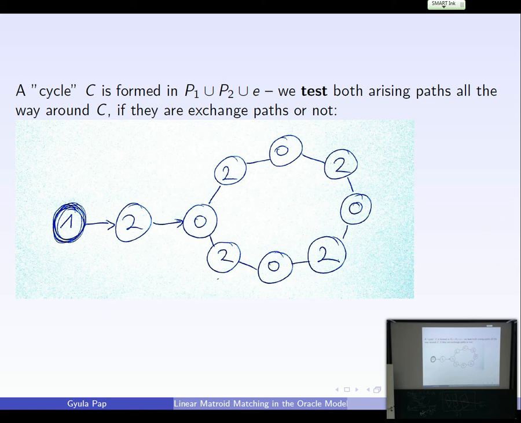The definition of a blossom is that if we go this way all the way around, or that way all the way around, those are exchange paths, and this whole thing needs to come from breadth first search. That means that there is no cross edge.